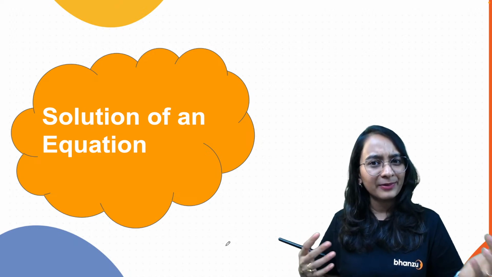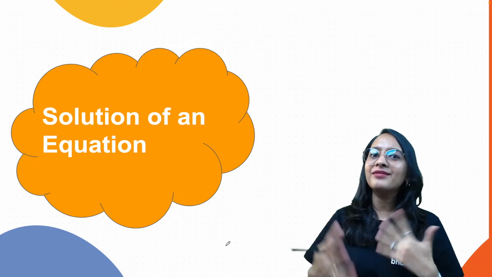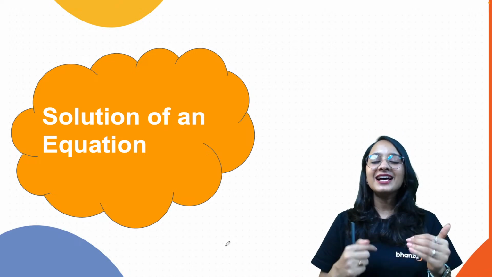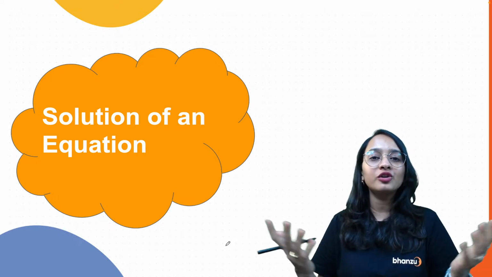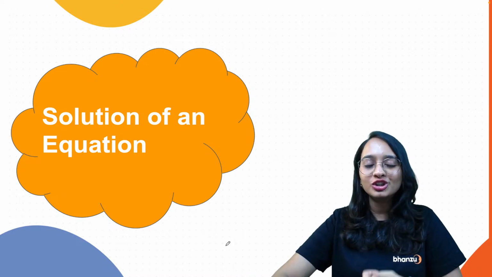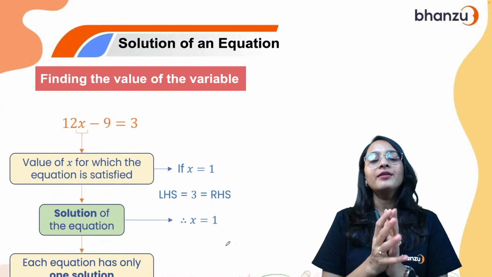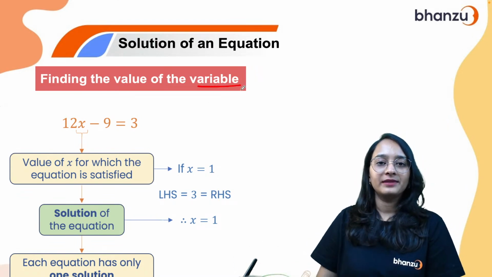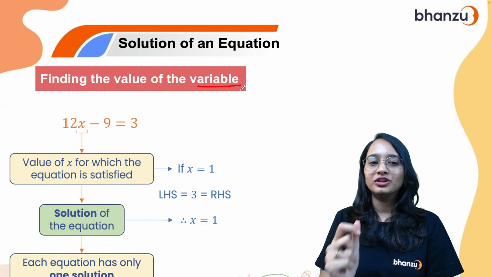That's what maths is about, right? We find problems and then we find solutions to those problems as well, right? So, let us talk about the solution of an equation. When do you say that yes, we have got the solution for the equation? Now, whenever we find the value of the variable is when we say that we got the solution.